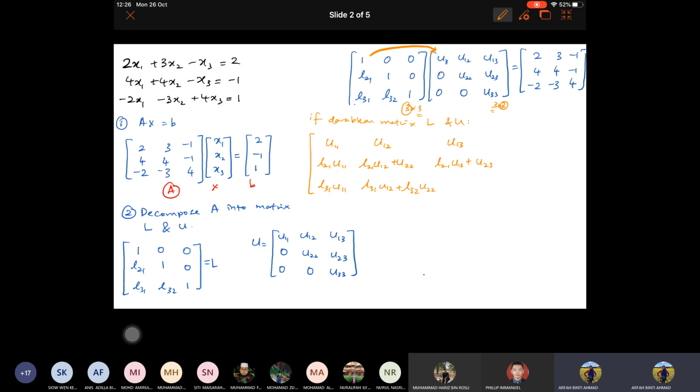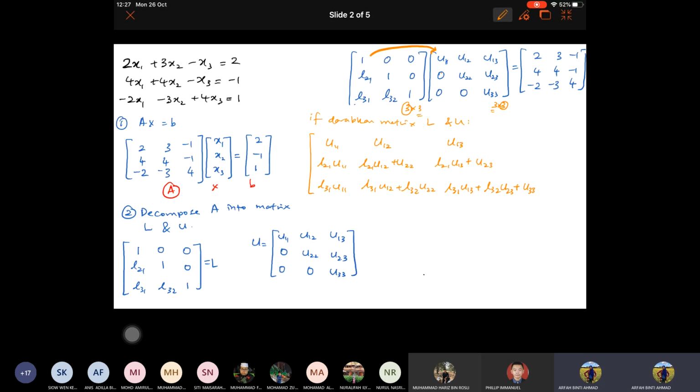That is the second row, third column. And we have the last row, third column. So dia akan jadi L31 darab dengan U13 tambah L32 darabkan dengan U23 tambahkan dengan U33.